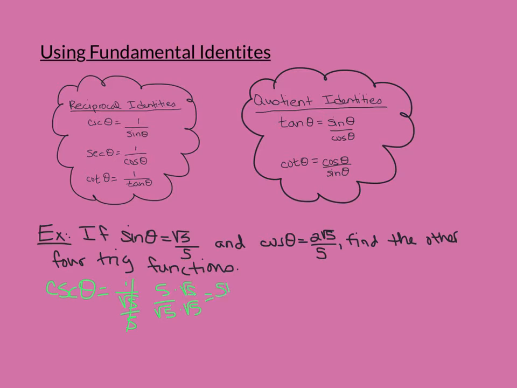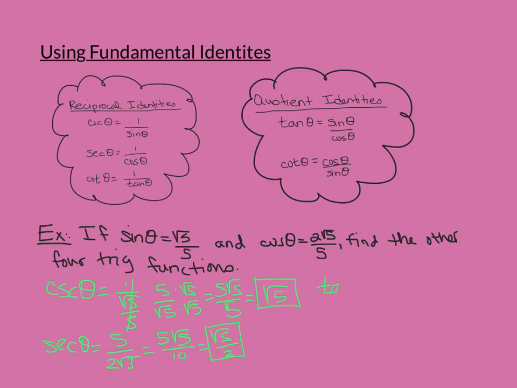So I end up getting 5 radical 5 over 5, which gives me just radical 5 for my cosecant. Secant is a similar idea. You're going to do 5 over 2 radical 5. If I rationalize my denominator, I get 5 radical 5 over 2 times 5, which is 10. So my answer for that one is radical 5 over 2 once I simplify it.